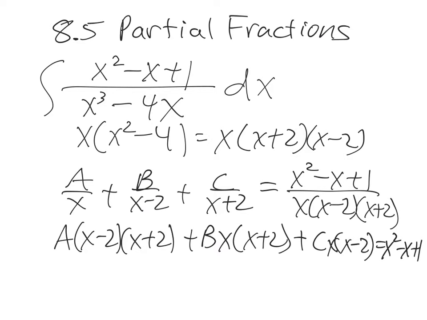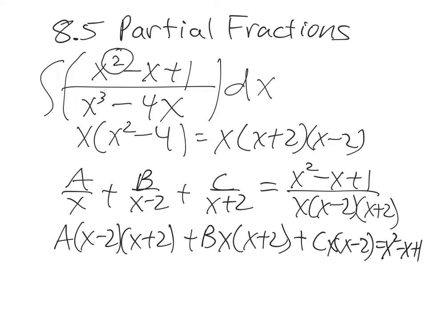Now, a couple more kind of different details from here. First of all, we kind of saw this a little bit in 8.1, but it shows up again with partial fractions. If the numerator has a higher exponent than the denominator, or if they're the same, what do we have to do?